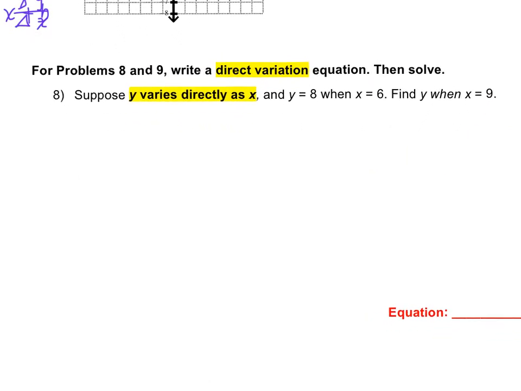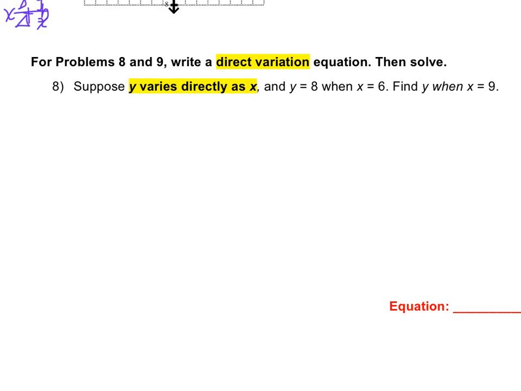So direct variation is one of those things that causes a lot of disturbance in our force. So I want you guys to just one more time listen to the definition of what direct variation is.